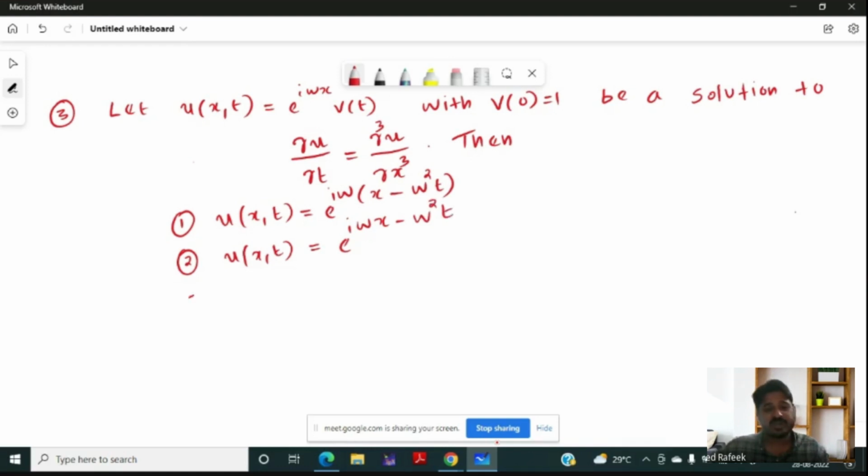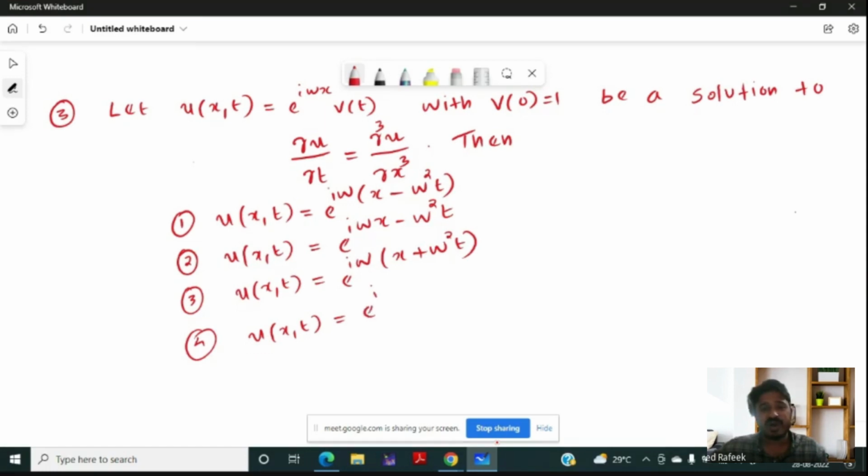Option 3, u of x comma t equal to e raised to i omega x plus omega square t. Option 4, u of x comma t is equal to e raised to i omega cube x minus t.